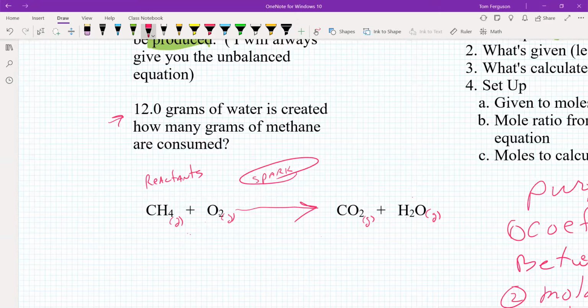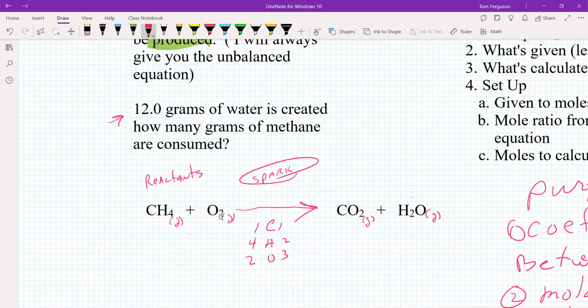Okay, so is this balanced? Well, we have to check it. Okay, so we have C, H, O. We have one carbon, 4 hydrogens and 2 hydrogens, there's an issue there, and 2 oxygens and 3 oxygens.